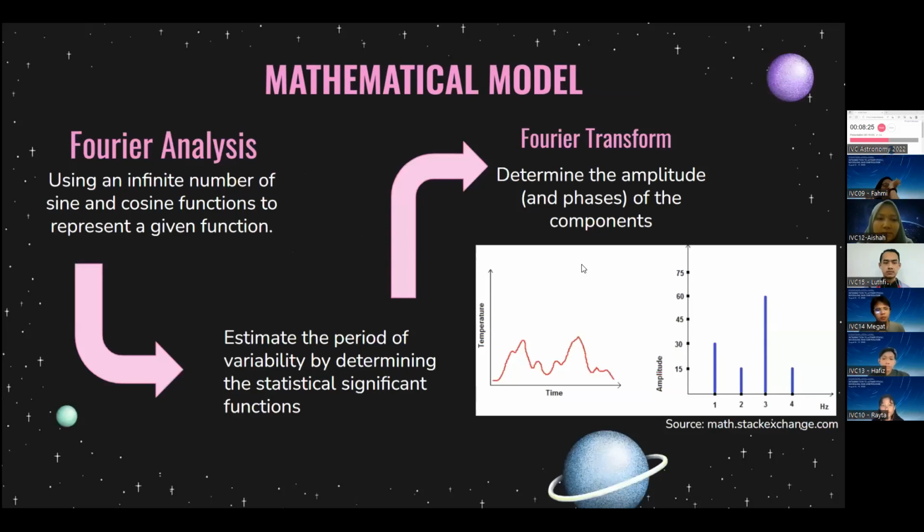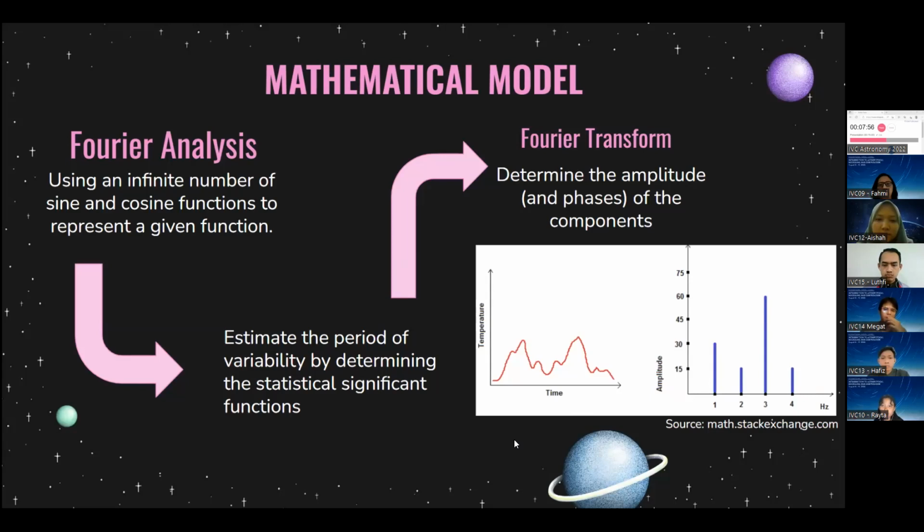One of the most commonly used methods of time series analysis is the Fourier analysis, which is basically a technique for representing a given set of numerical data or analytical functions using an infinite number of sine and cosine functions. From that, we can also estimate the period of the variability by determining which functions are statistically significant.